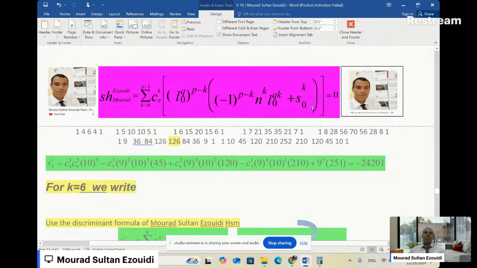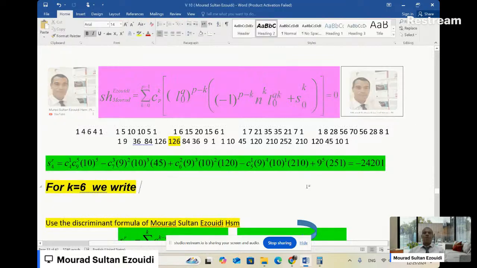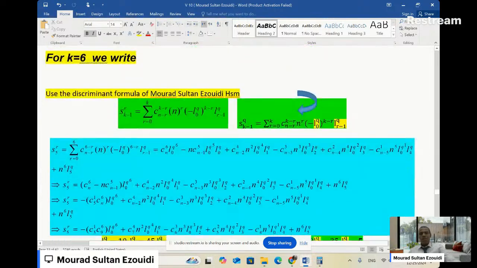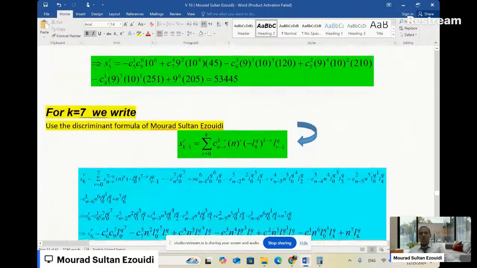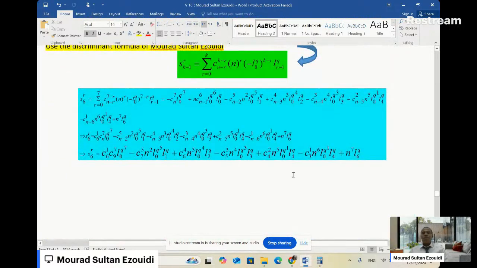Of course, I will show the parentheses, this one equal to 0. So let's focus on what is given first, on the theorem of Mourad Sultan to find S0. Therefore, S6 in fact is equal to 0.